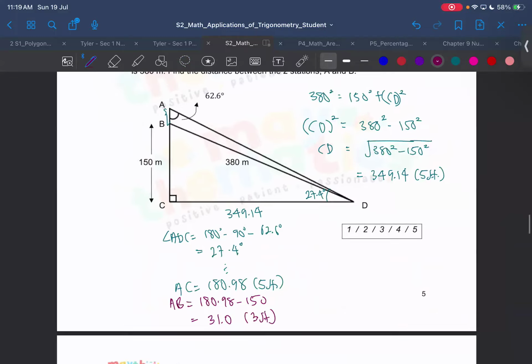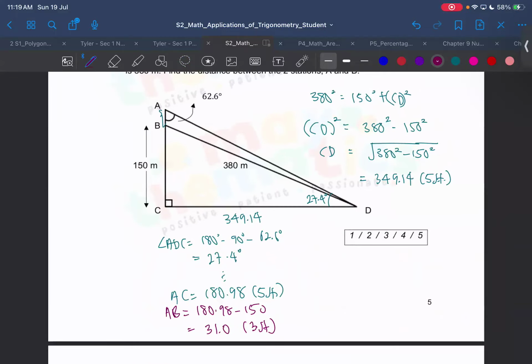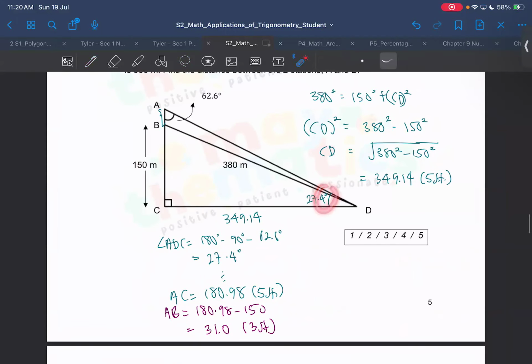How do you get 180? Because if I use this one, I have O and I have A, so it's tangent. Tangent 27.4 equals AC over 349.14. Is this what you have?